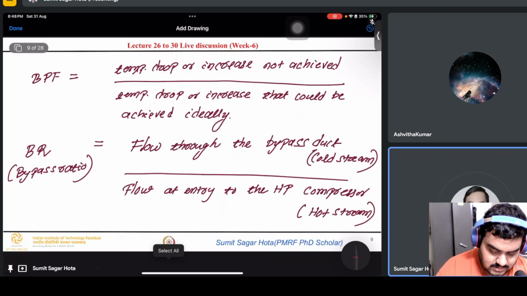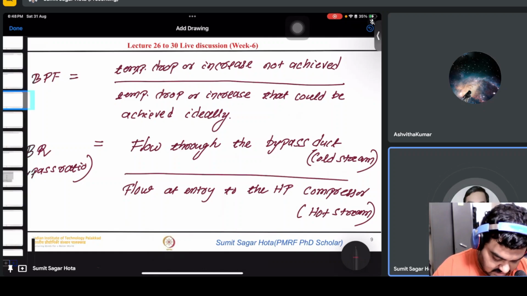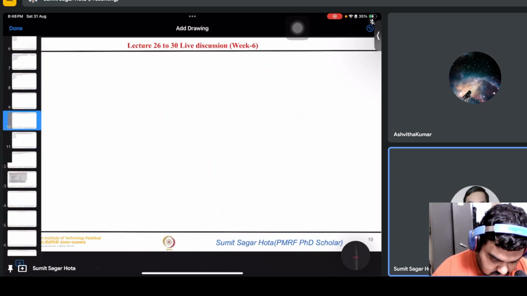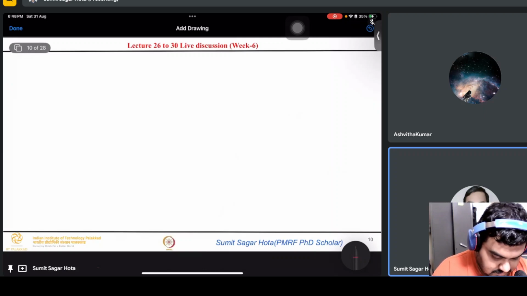Okay, so more specifically we can write down, then in some of the questions they will give you the bypass ratio, then they want this m dot c and m dot h.